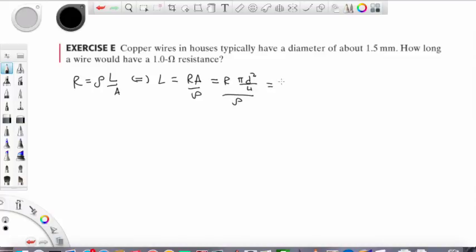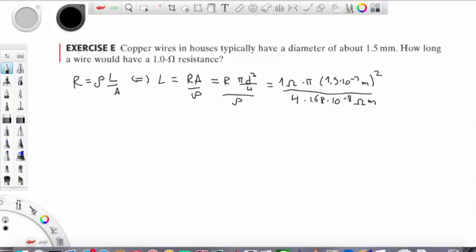And if we put in the numbers, so R needs to be 1 ohm times pi, diameter 1.5 times 10 to the minus 3 meters, 1.5 millimeters squared, divided by 4 over rho. And for copper, the resistivity is 1.68 times 10 to the minus 8 ohm meters.